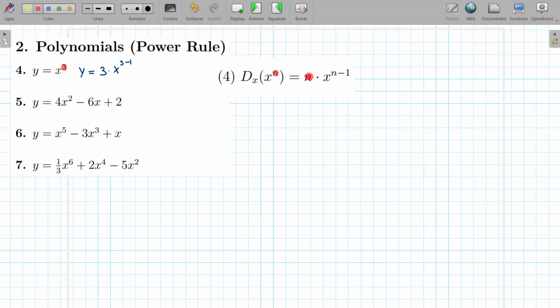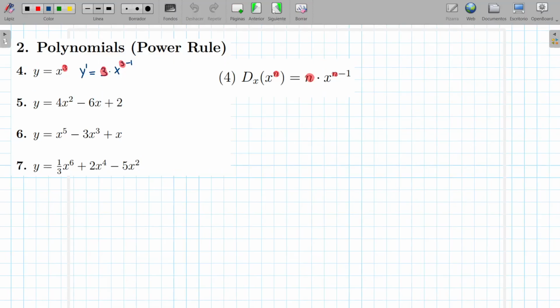So according to the formula, I have to copy it down here, I have to put it here. That's literally what we are doing. We are using the formula and instead of putting the n, putting the number. As a result, here I forgot the line. As a result, the derivative is going to be 3x squared.